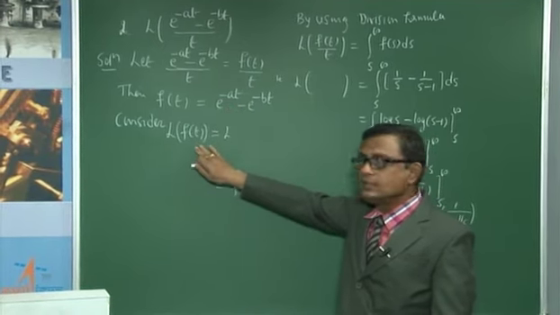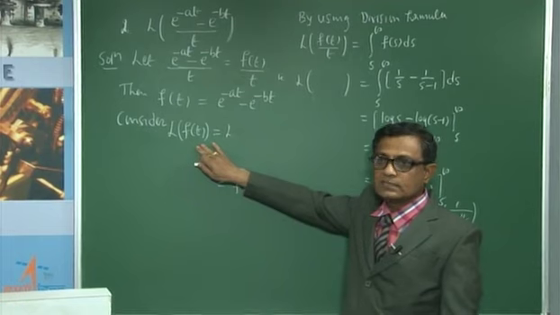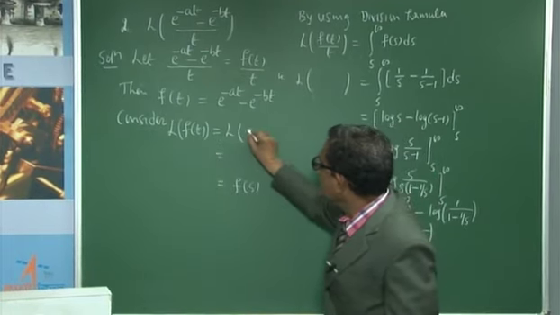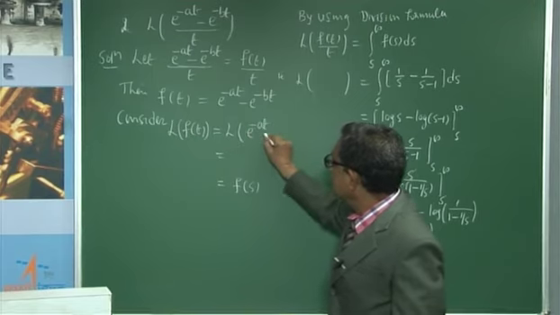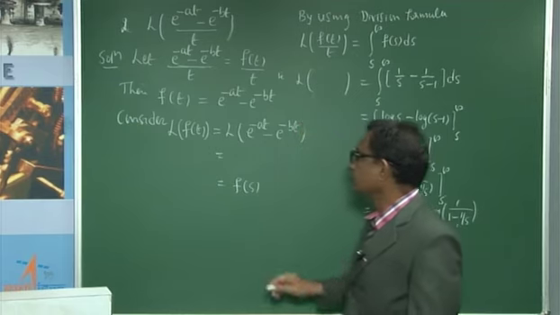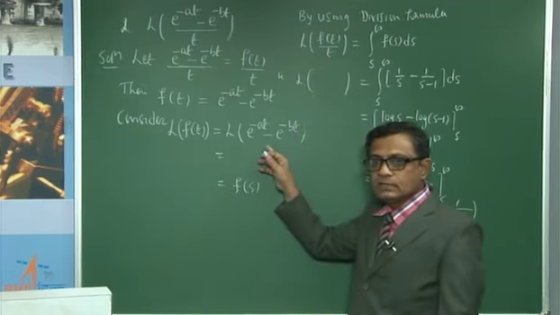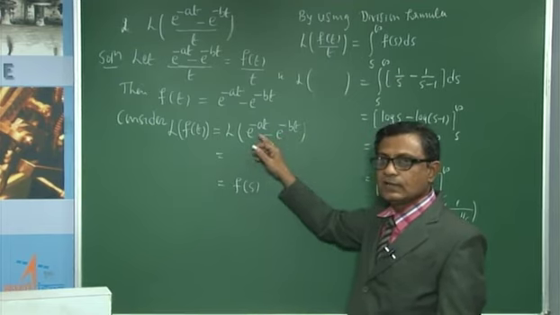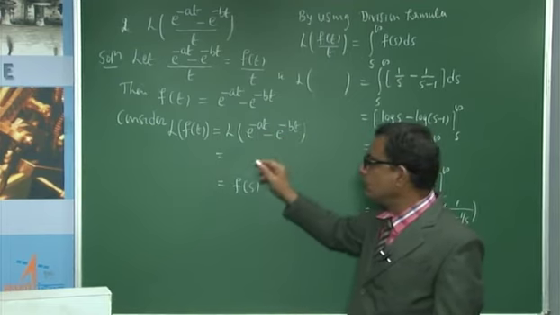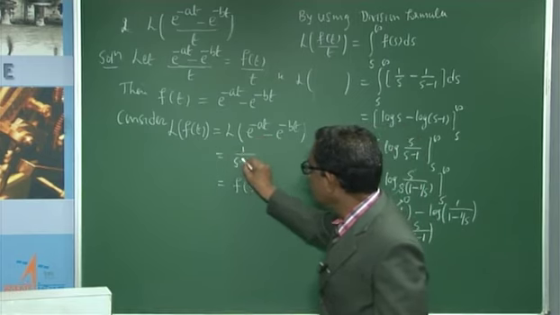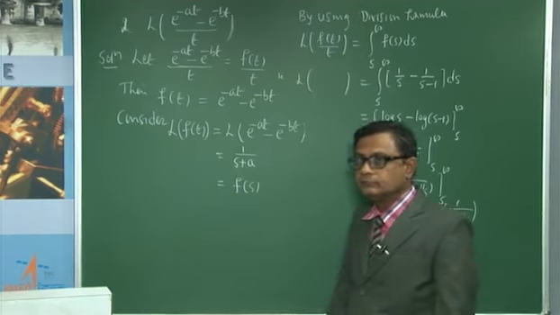Now if you consider the Laplace transform L of f of t, this is L of e raised to minus at minus e raised to minus bt. What is this Laplace transform? This is the exponential function. First term L of e raised to minus at, formula, a is minus a, therefore it is 1 divided by s plus a.